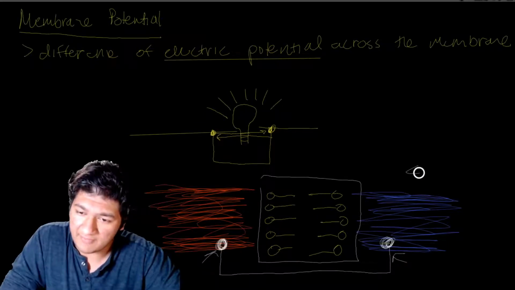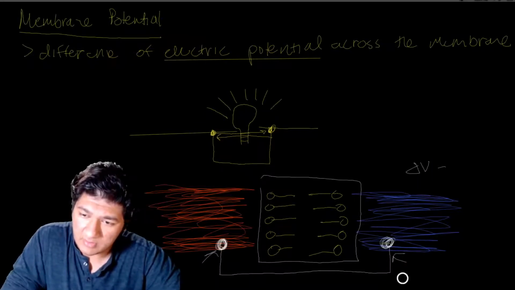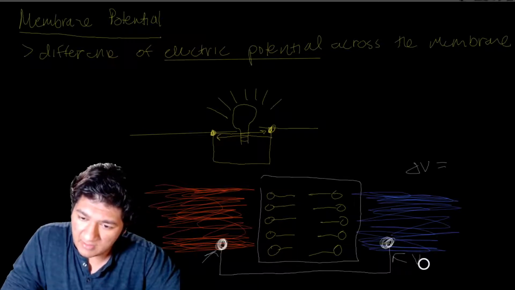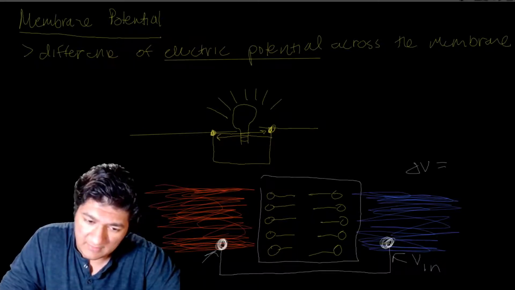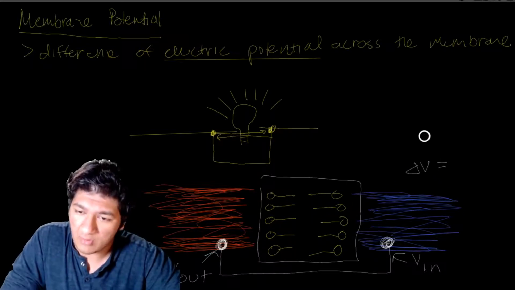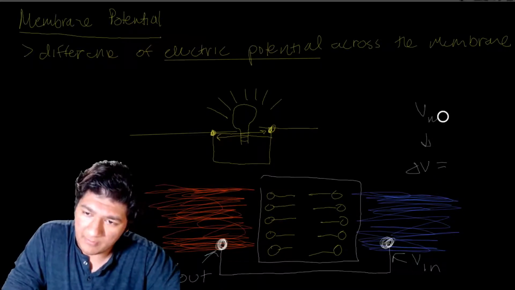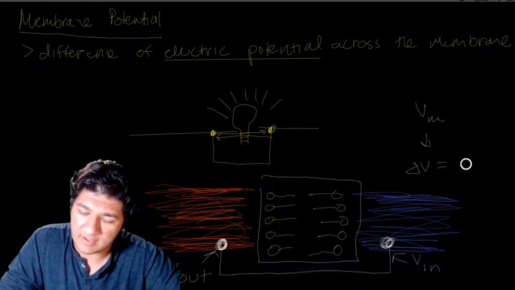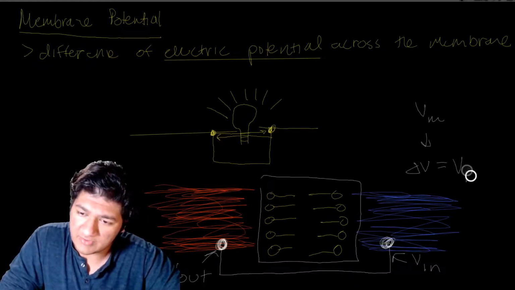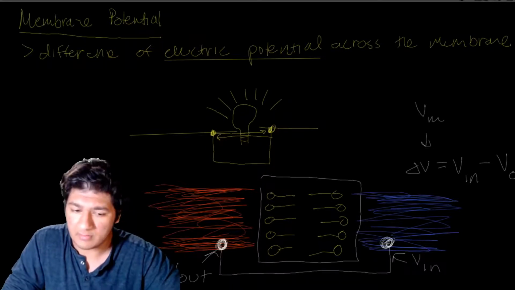To find the difference in electrical potential, let's say this is V in and this is V out. So the difference, also known as the membrane potential, would just be V intracellular minus V extracellular.